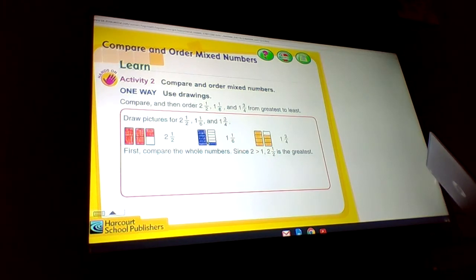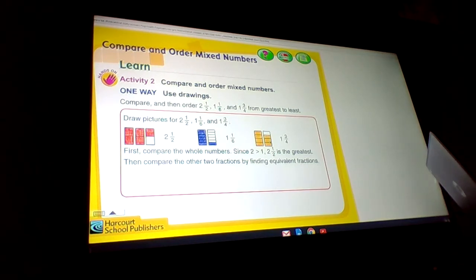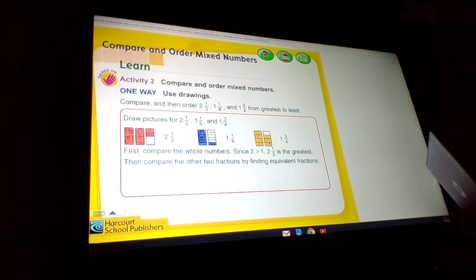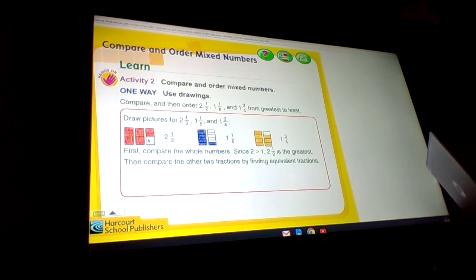So then we have to look at our mixed numbers that have the whole number of 1. Now I'm comparing 1 1/6 and 1 3/4. Well, those pictures can easy squeezy show us which is my next greatest. So 2 1/2 is my biggest, 1 3/4 is my middle, and then 1 1/6 is my smallest.